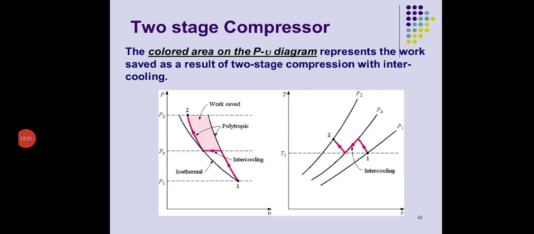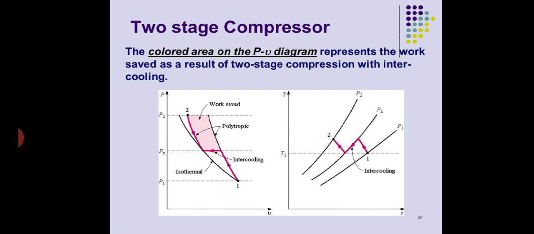Now, the two-stage compressor. We have seen the different processes, that is the polytropic process and the isothermal process, and whenever we plot these processes on the PV and TS diagrams, you find various regions, and we have three pressures, P1, P2 and P3.